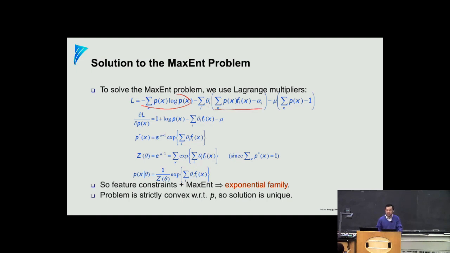Okay, this is the grand Lagrangian, and then we take a derivative of the grand Lagrangian with respect to all the variables that you want to estimate over. And then you set them to 0 and so forth. And it turns out that at the end of the day, the natural consequence of this approach gets you a distribution that takes this form.